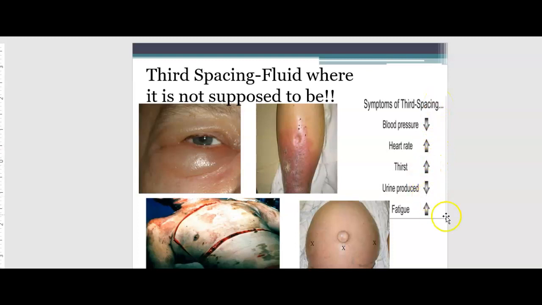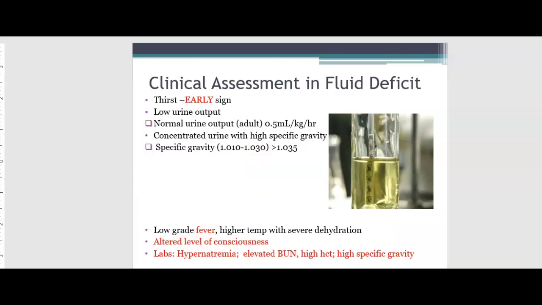Urine output is low and they're very tired. Third spacing, okay? So this fluid is not in the cell. Remember that when you're third spacing on the fluids where it's not supposed to be, one of the early signs is thirst. Thirst.